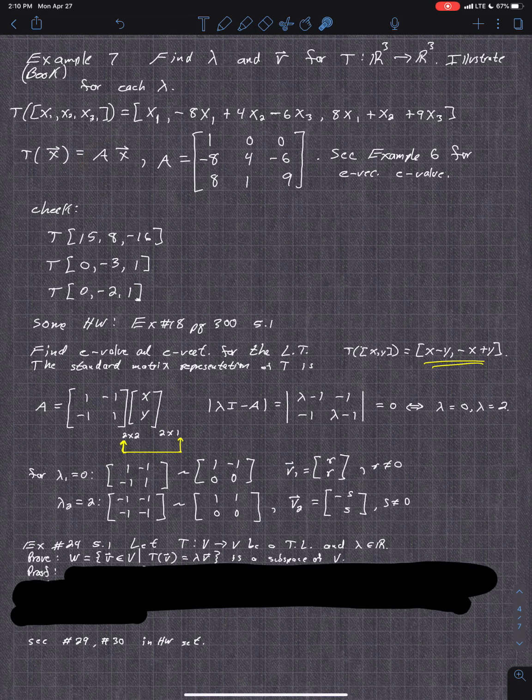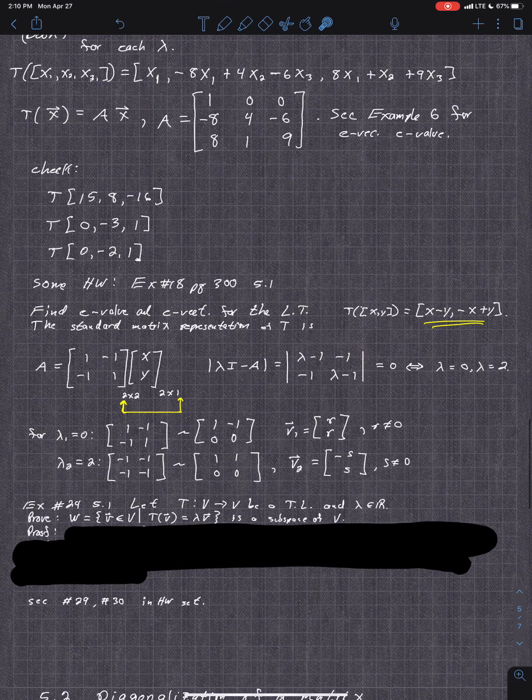So if you can see, here's the first vector. So that's just 1, 0, 0. This is the second vector, -8, 4, -6. And the third vector, 8, 1, and 9, like that. So it's basically V1, V2, and V3. So then, take a look at this.